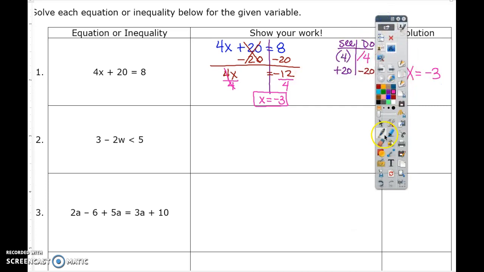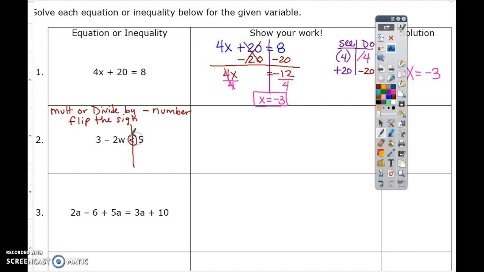Okay? Problem number 2, you're going to do the same thing. Okay, you're going to draw the line and see do. But I need you to remember that if you ever multiply or divide by a negative number, you're going to have to flip the sign.